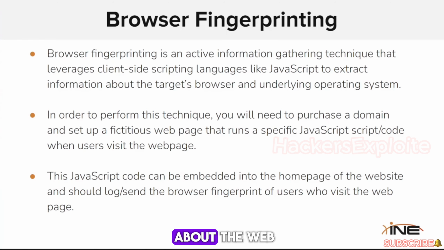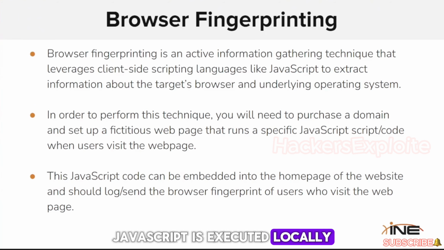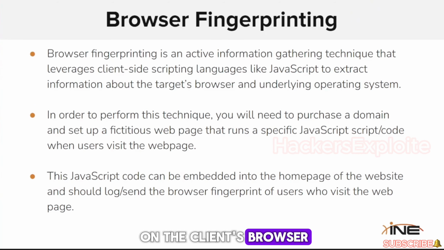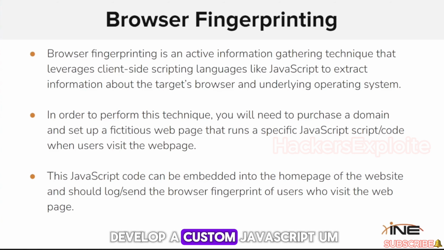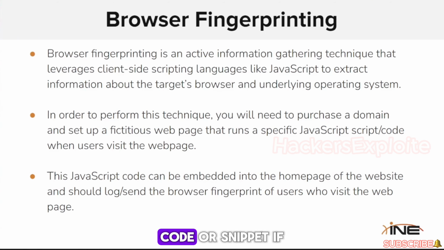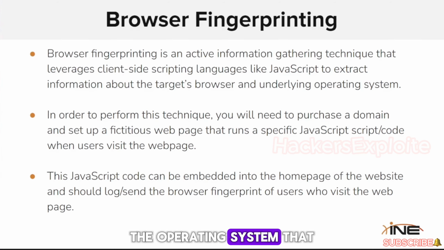If you know anything about the web, you know that JavaScript is executed locally on the client's browser. And we can develop a custom JavaScript snippet, or script rather, that when the target accesses the website that we set up, will tell us what their user agent is and a bit more regarding the browser that they're running, which can also tell us about the operating system that they're running.